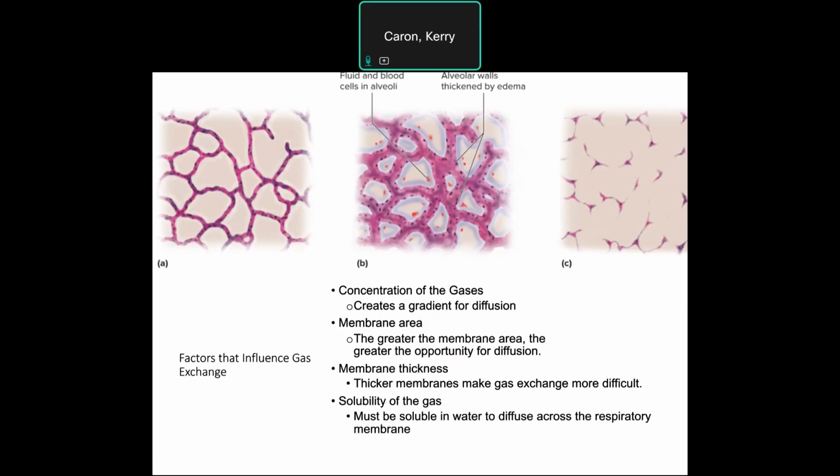Okay, some factors that affect gas exchange. Concentration gradients of the gases, membrane area, the more surface area, the more opportunity for diffusion. If the membranes are thicker, gas exchange becomes difficult. We need it to be thin. Solubility of the gas. We need gases to be soluble in water in order to cross the respiratory membrane.